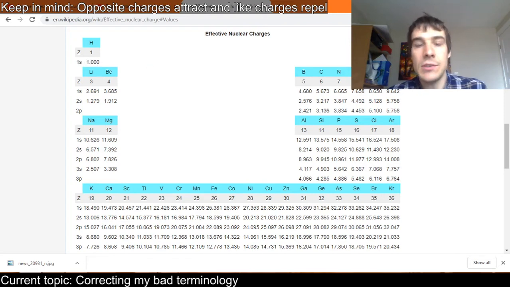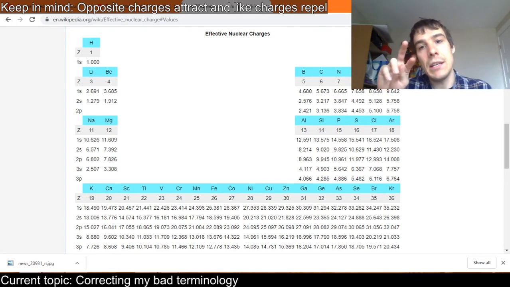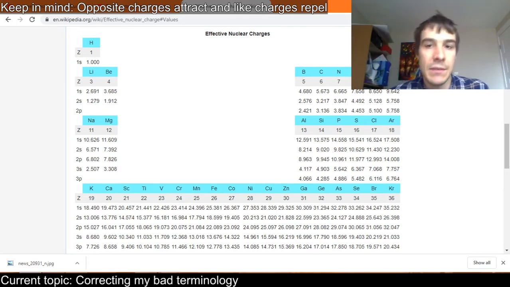Helium has 2 protons, but each of the electrons in helium only feels 1.6 effective nuclear charges, because they're repelling each other at the same time that they're being attracted to the positives in the nucleus, and so on and so forth. For lithium, you've got 2 shells, the 1s and the 2s. The lower electrons feel a little bit less than 3, but the outer ones are only feeling 1.2 effective charges. Even though there's 3 protons there, the outer electrons are only feeling 1.2.